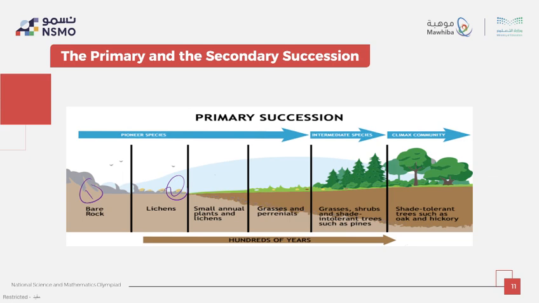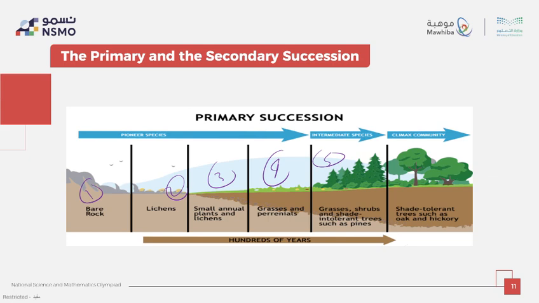Stage number 3, small plants and lichens. Small annual plants start growing along with lichens as thin soil develops. Stage number 4, grasses and perennials. More soil forms, allowing grasses and long-living plants to grow. Stage number 5, grasses, shrubs, and shade-intolerant trees, intermediate species.